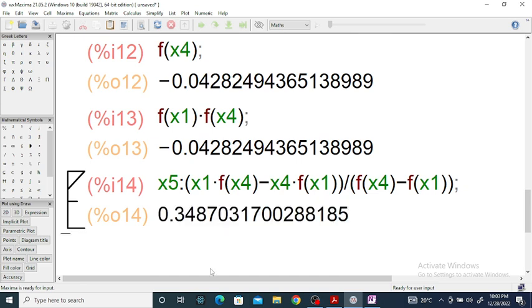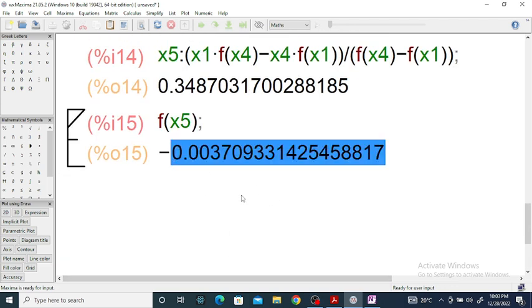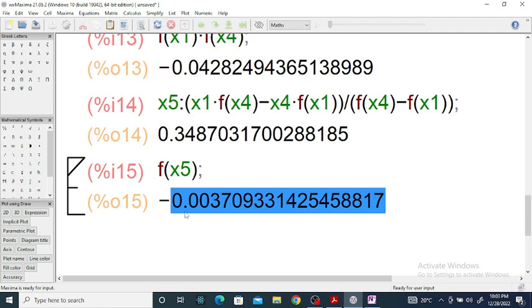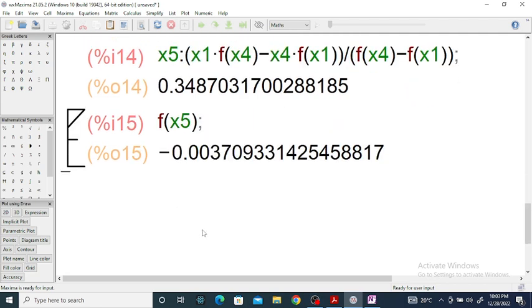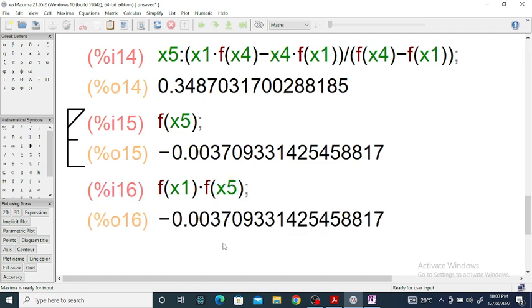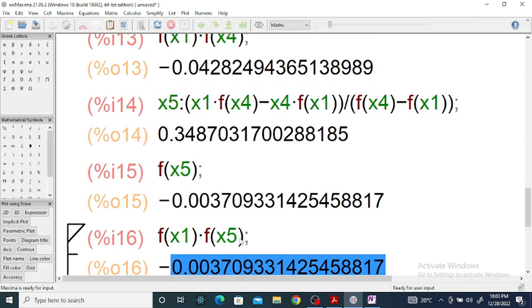Now again, if you check the sign of f of x5, it is negative. So the last positive is f of x1. If you check the sign of f of x1 times f of x5, it is negative, so the root lies between x1 and x5.